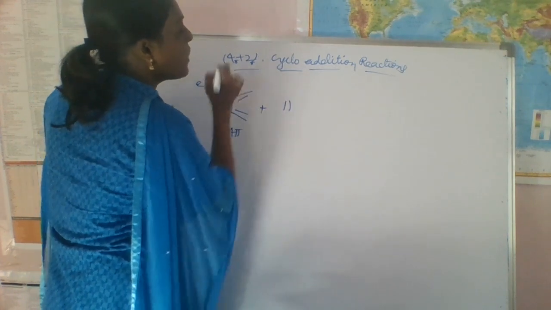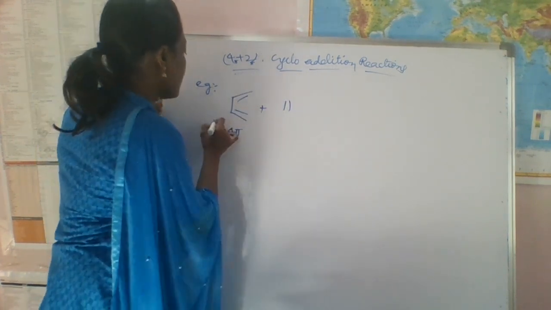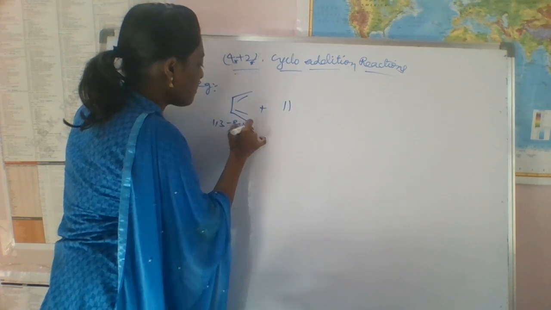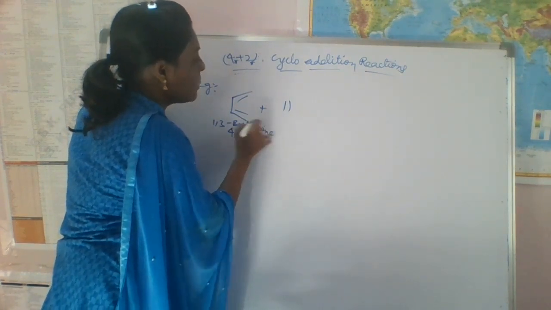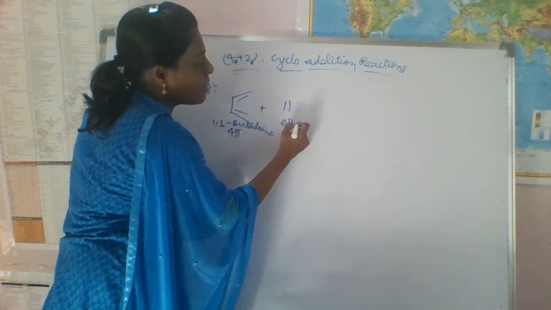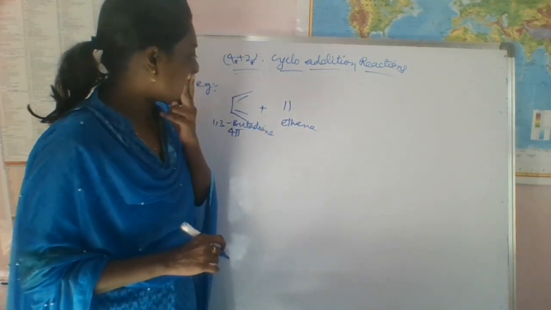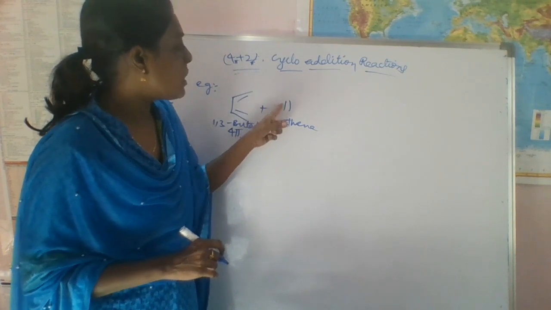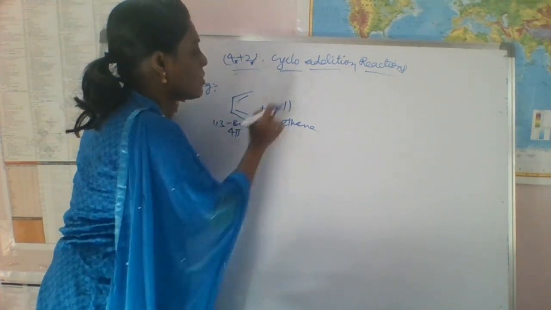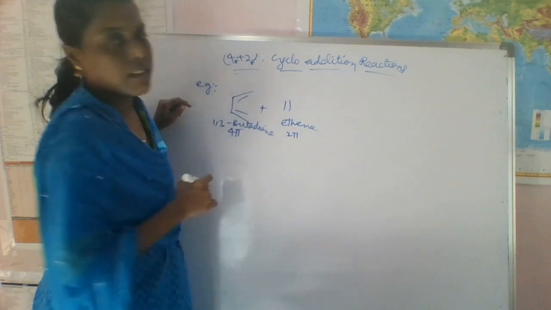Next, this is 1,3-butadiene, right? And this is ethylene or ethene, whatever, right? So how many pi electrons are there? Here 4 pi electrons, and here 2 pi electrons, right?